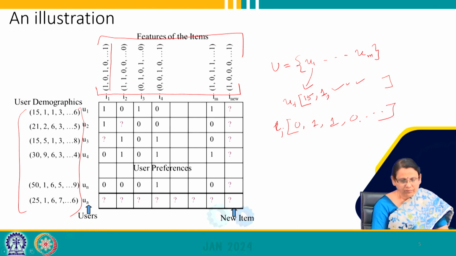Now, let me tell you, when we talk about these user features and item features, in this illustration we have used certain numeric values here and only zeros and ones there. But in a typical situation this may not be so. In case of items, you may have some kind of actual numeric values. Here we indicate simply presence or absence of features, but let us say, for example, we consider news items.